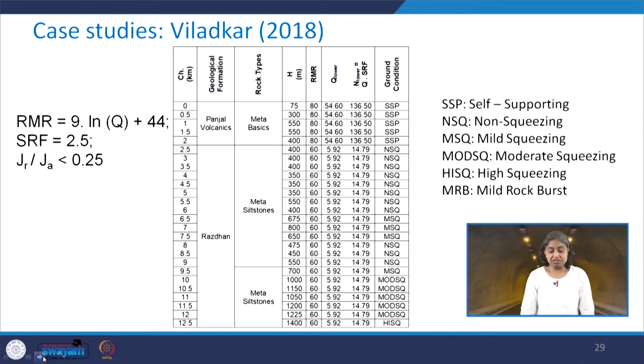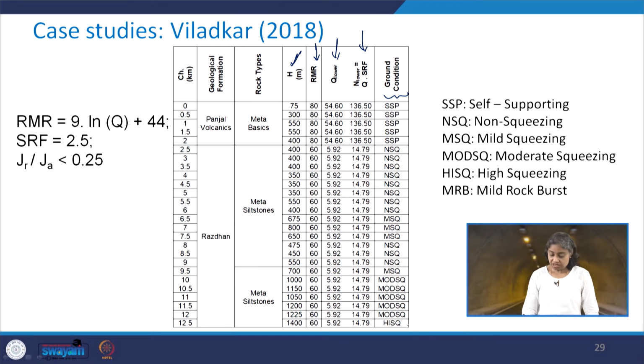Then what was done was that corresponding to each of the geological formations and with respect to various values of overburden, RMR was determined. From this RMR, Q was determined, and then N was determined, which was Q into SRF. This also we learnt, and then we predicted the ground condition.